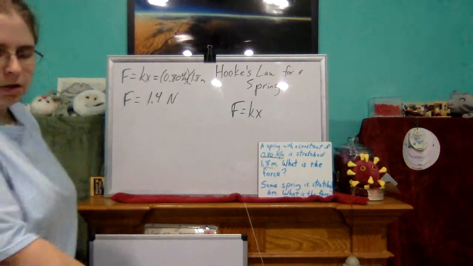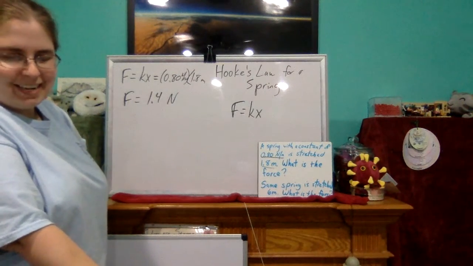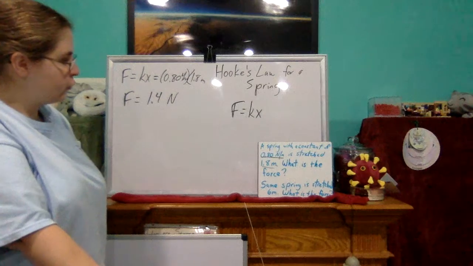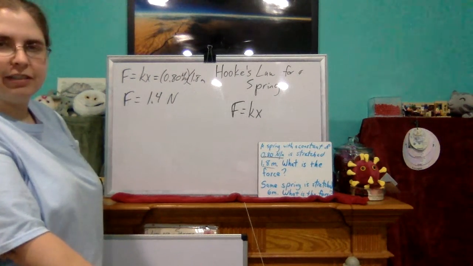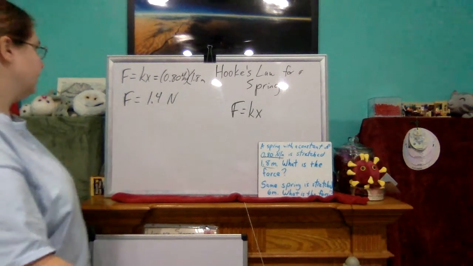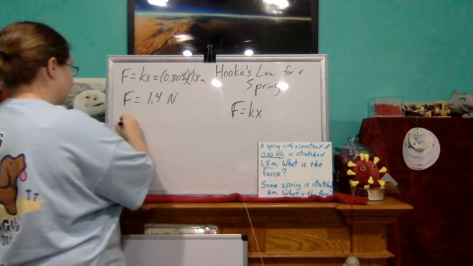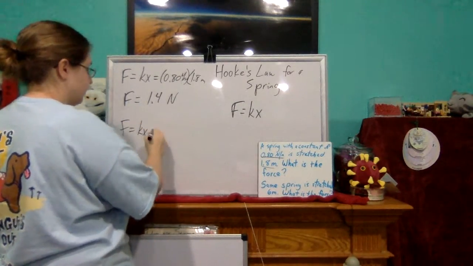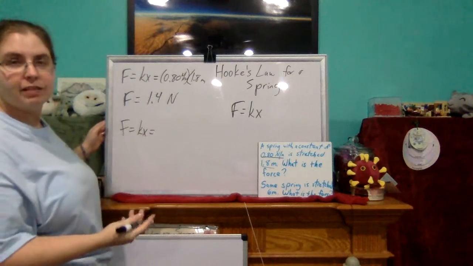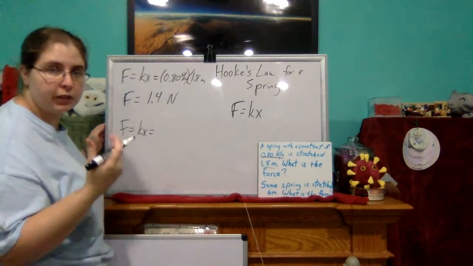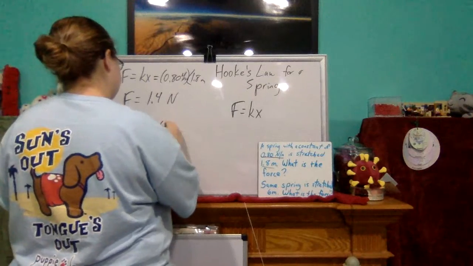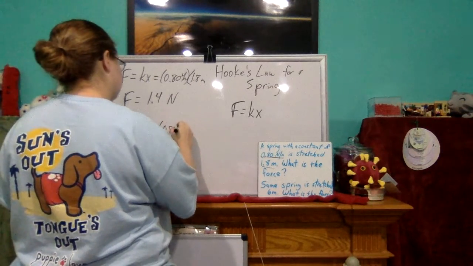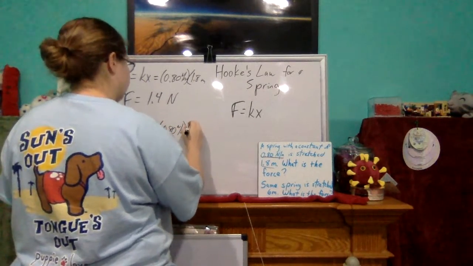Well, what if this same spring is stretched 6 meters instead? What is the force now? We're going to use the same equation, and it's the same spring, so it's going to have the same spring constant. 0.80 newtons per meter.